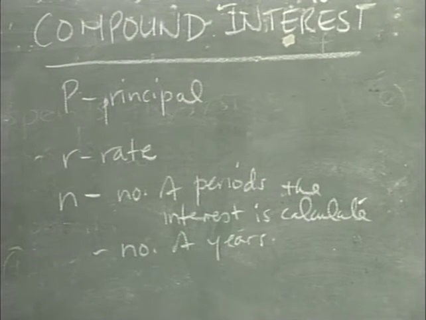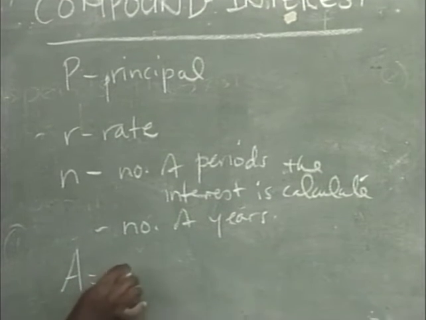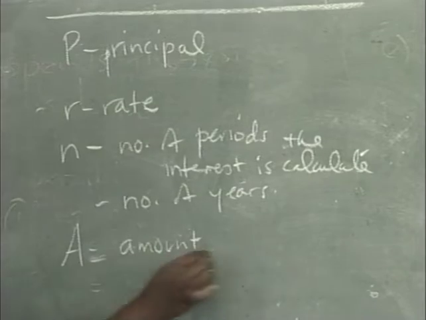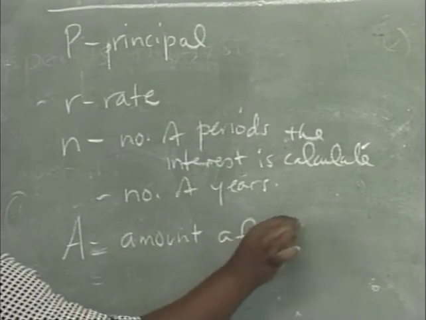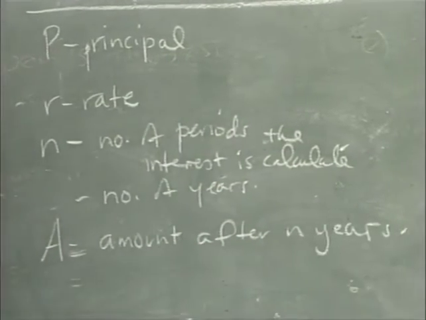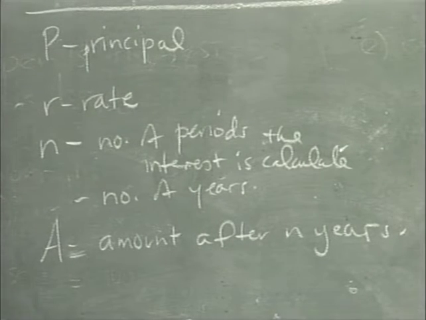Okay, and A would be the amount. Okay, the amount after n years or after the calculations are made.